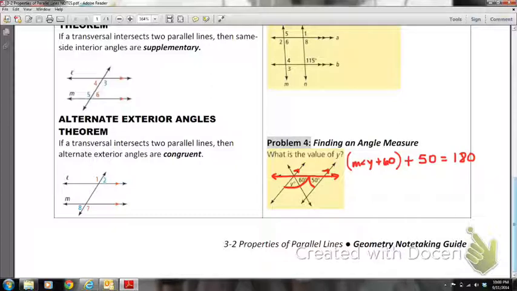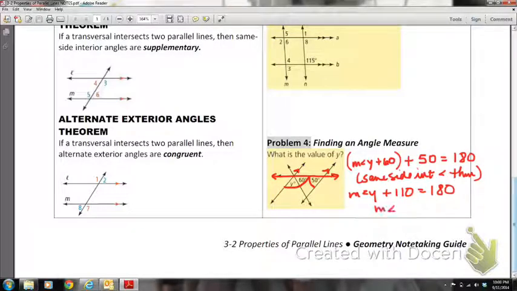And that's because of the same side interior angles theorem. So now we can solve this. You have the measure of angle y plus 110 is equal to 180. Subtract the 110 from both sides. Measure of angle y is equal to 70.